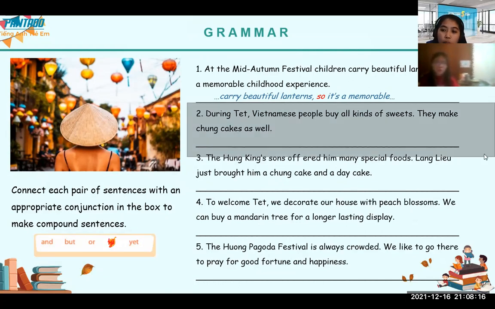For number 2, I want you to read this one, Ngok, and your answer also. During Tet, Vietnamese people buy all kinds of sweets and they also make chung cakes.